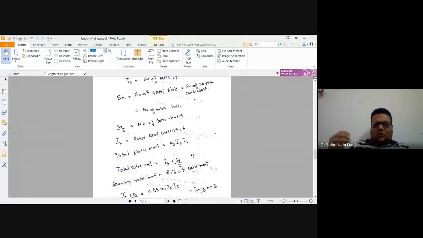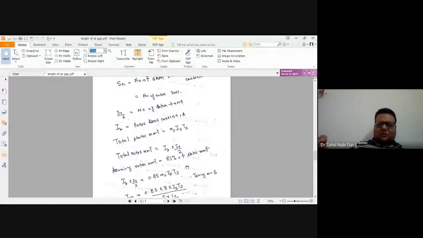So what we'll do is assume the rotor mmf is equal to 85% of the stator mmf. So the rotor side mmf is IB into Sr by 2, and the stator side mmf is 0.85 into m into Is into Ts.